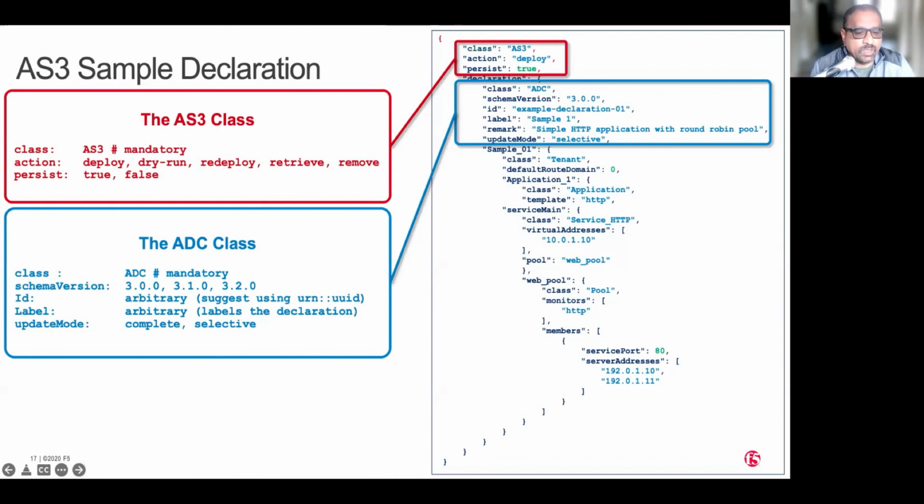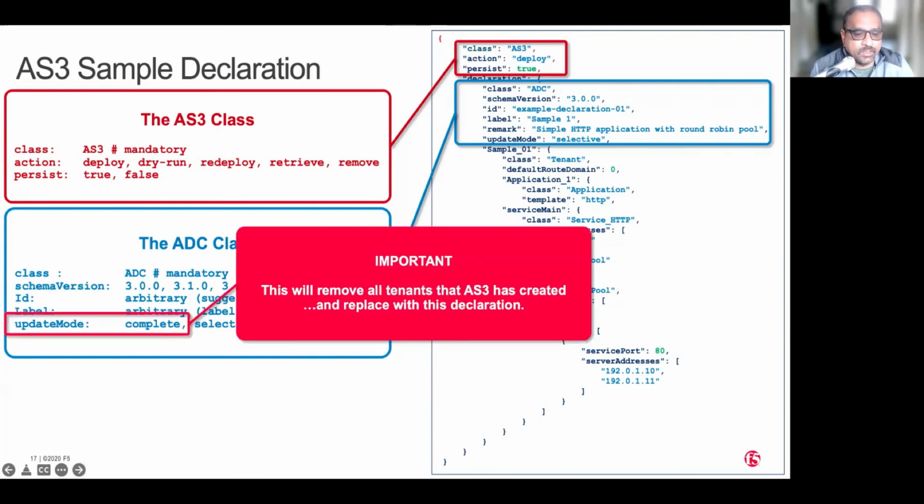So here you will have the schema version, ID, label, update mode, whether you want to deploy a new application or you want to just add to the existing application. Like for example, if you do complete, then it will remove the whole tenant.